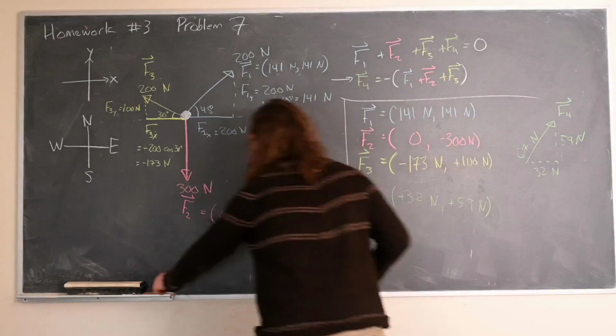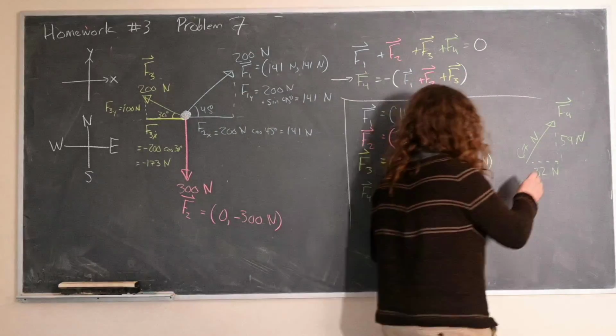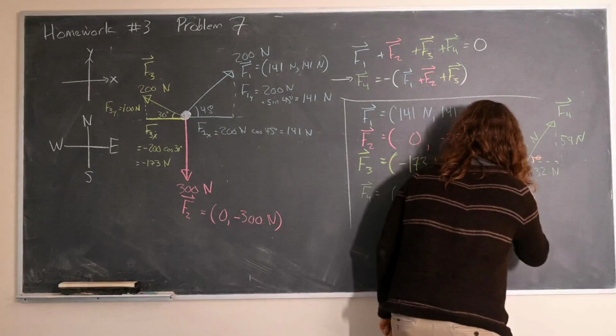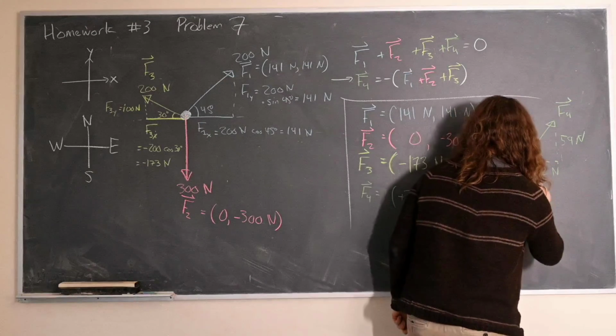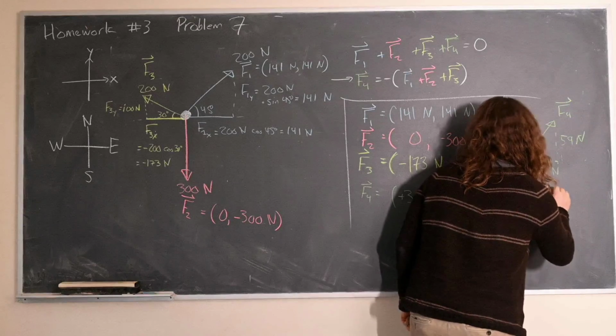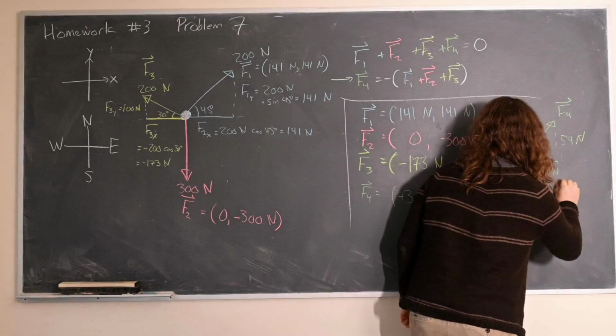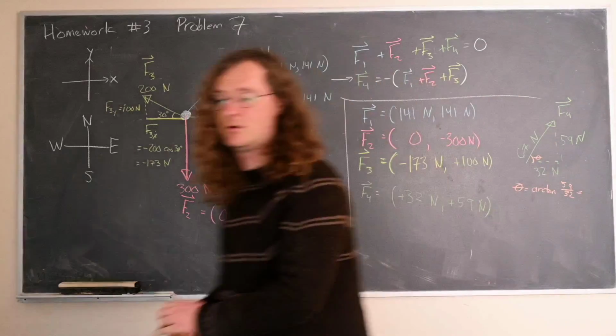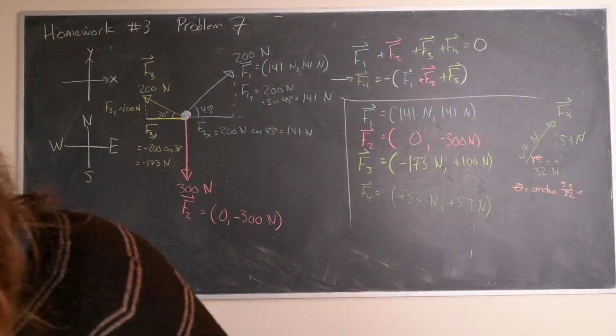And to find the angle of this angle, this is the inverse tangent of 59 over 32, which I can type into a calculator. Let's see.